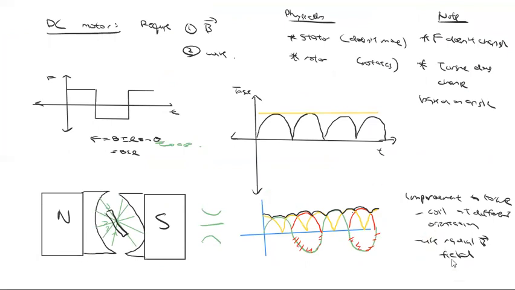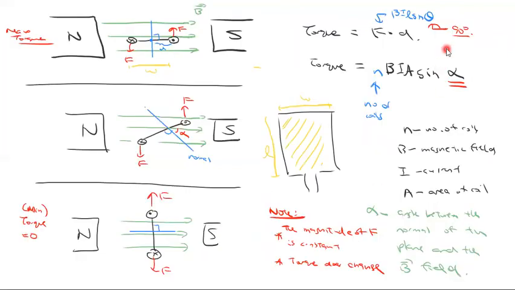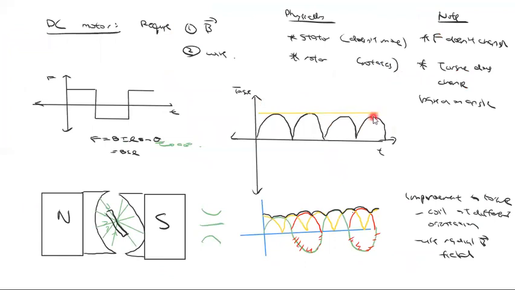So if we calculate torque using sine alpha, the effect is that alpha is 90 for longer. And in the extreme ideal case, it's at 90 degrees all the time. So in other words, we reduce the variability. Take the extreme case where alpha is 90 the entire time, then sine alpha is just one and you just get NBIA. So you'll get your ideal torque. But obviously that doesn't actually happen.